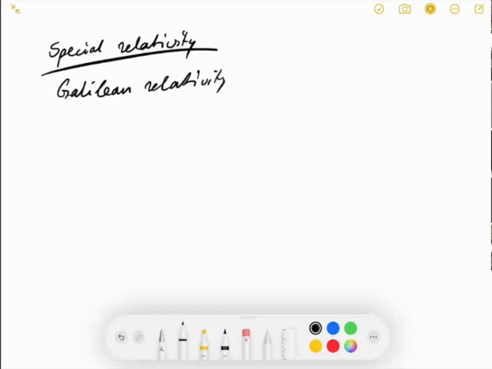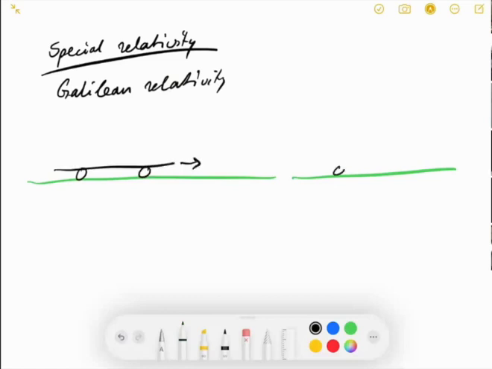So for instance, let's say I've got some kind of train track, and kind of a train going this way. There's a train going this way. Okay, now I'm standing here, and I'm playing ping pong. So I've got this ball that's bouncing up, down.